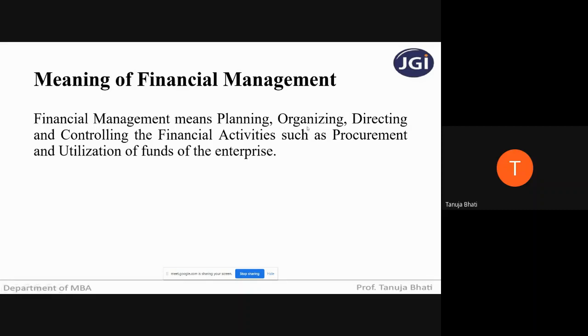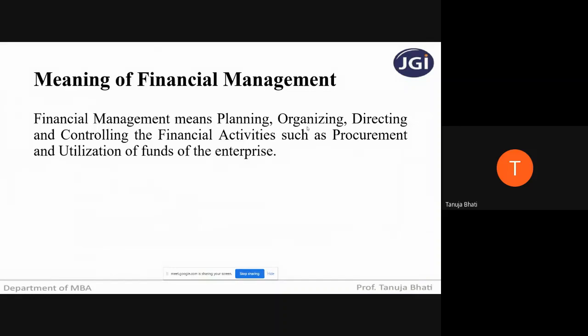Next is organizing. Once he has planned and knows he requires X amount of finance to run the company or the projects in the company, the second thing is he has to organize. Organizing means what amount of finance has to be put in each project in the company.